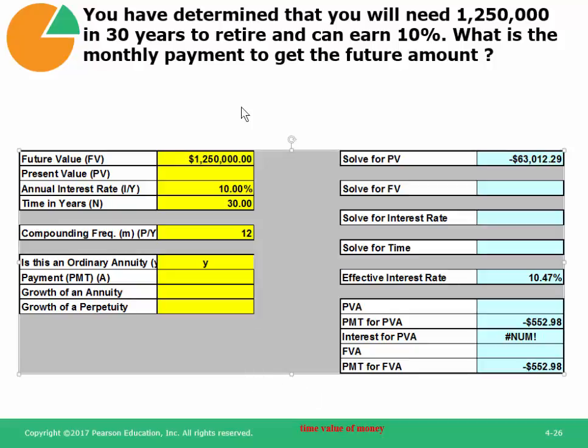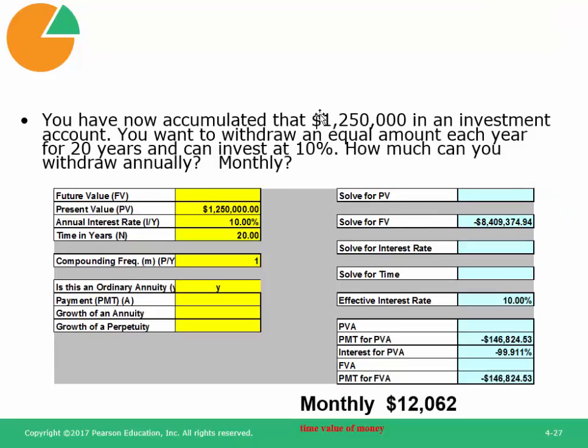Next question. We have this $1.25 million. We've done the right thing. Now I'm at retirement and I need to withdraw this money. The question is, if I assume that I'm going to live for 20 years and I can invest at 10%, how much can I withdraw annually and then monthly? Well, I have $1.25 million, so I'm going to invest that.